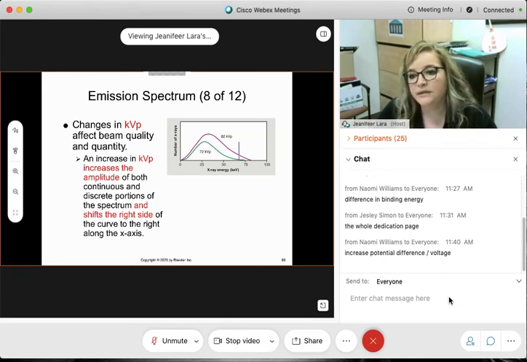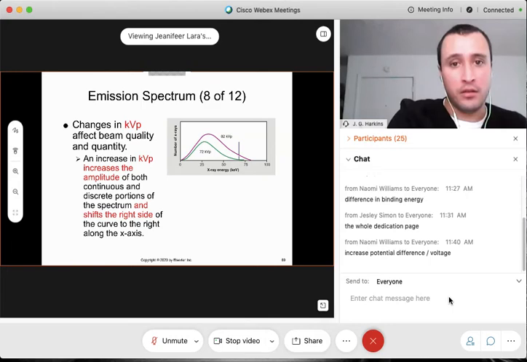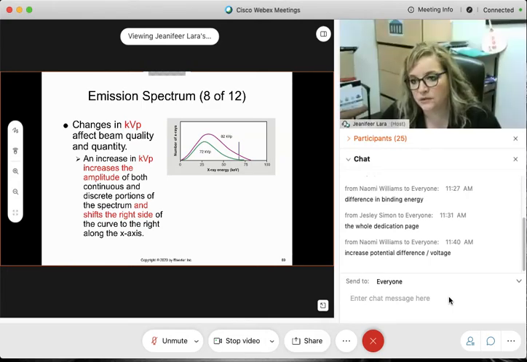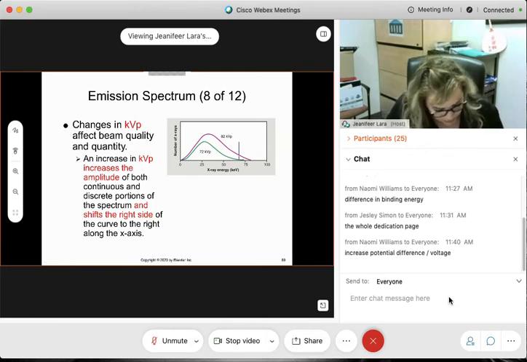Okay, so that's just the theory behind it. As soon as you start to introduce characteristic photons, you're already adding to the quantity of the beam. I think the way they were explaining it here made a lot of sense, and I want you to read this specific section.